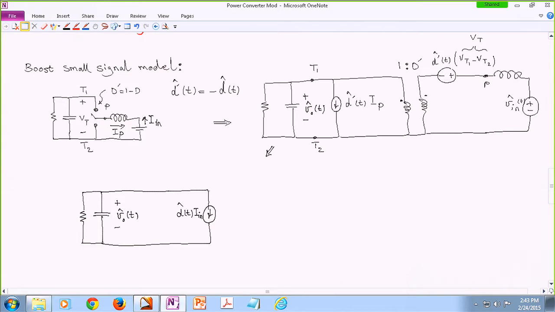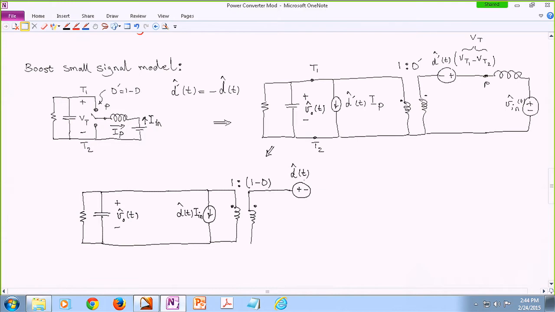And again, let's say I don't really like D prime, so I just try to get rid of it wherever I see it. Then this polarity changes because D prime perturbed is the opposite of D perturbed.